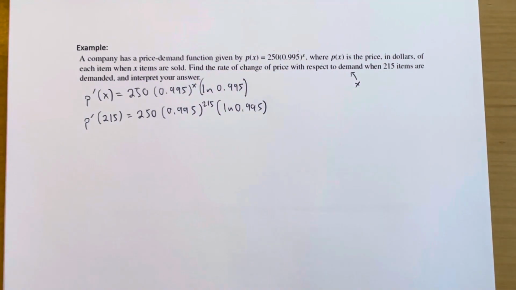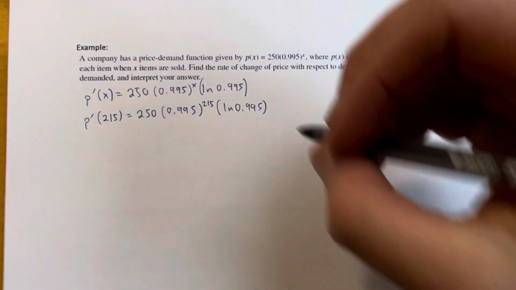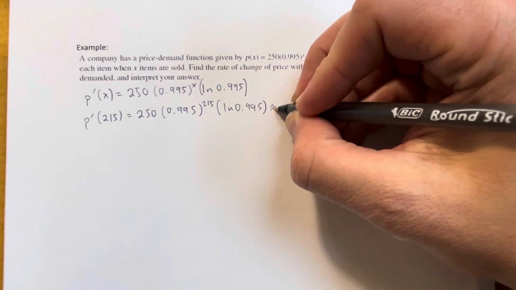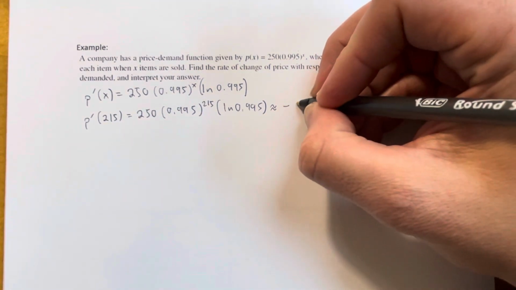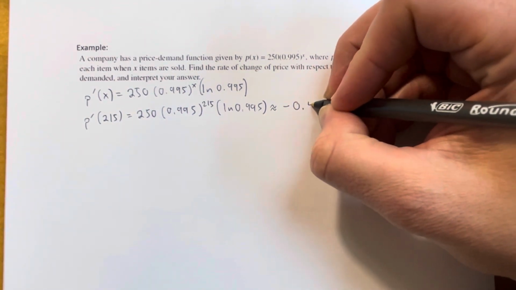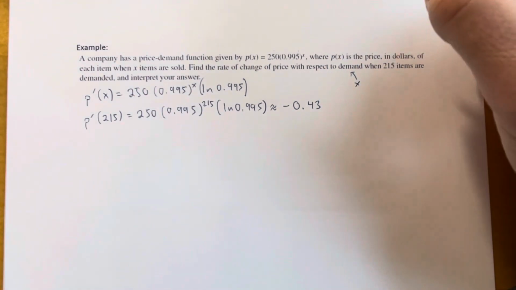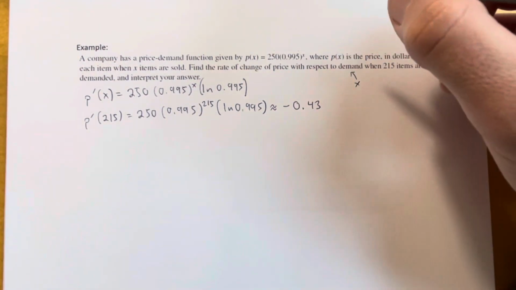This is one that you would want to plug into a calculator because, again, it's an application problem. We want dollars and cents here. If I plug it into a calculator, I'm going to get approximately negative 0.43.